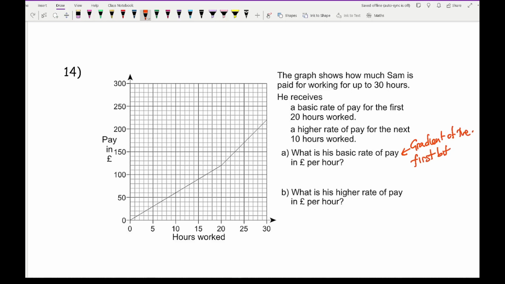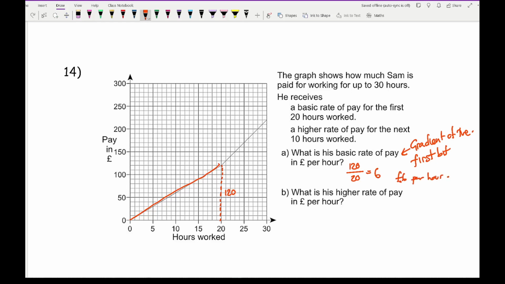So I need to work out the gradient of this line here. Now the height of that is looking at being 120, and the base of that triangle is 20, so it's going to be 120 divided by 20, and that's going to give me an answer of 6. So he's getting paid £6 per hour.